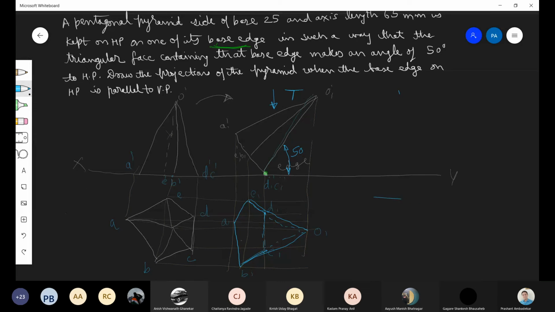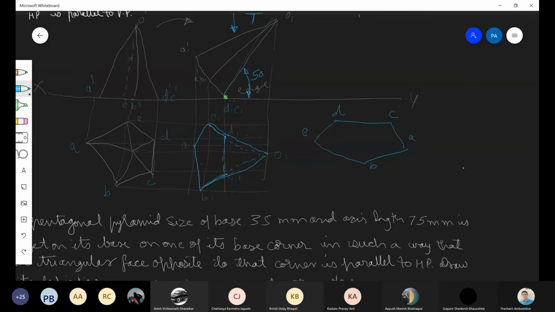So I will start like this. This is D, this is C, and then I know how to take the distances. So somewhere here I will take E, sorry, A, and then here I will get B. So what you will do is you will take these distances between the vertical lines, and you will also get the distances between the horizontal lines.